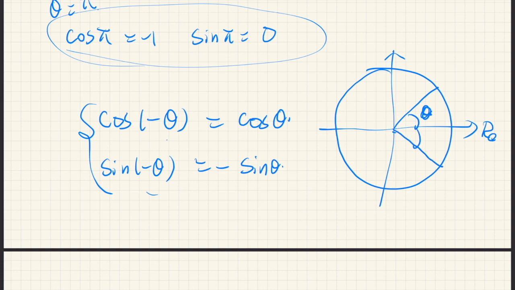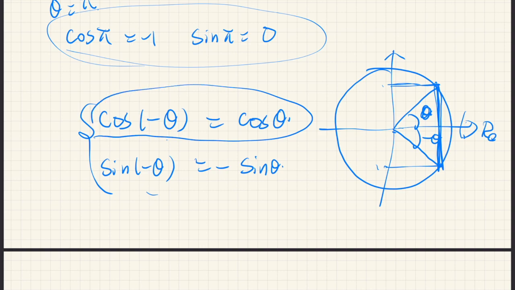It's a mirror image around the real axis. So negative theta is this. So the real part doesn't change, but the imaginary part will change its sign, right? So therefore, cosine negative theta should be equal to cosine theta, and this is the sine negative theta, and it should be the negative of sine theta, right?